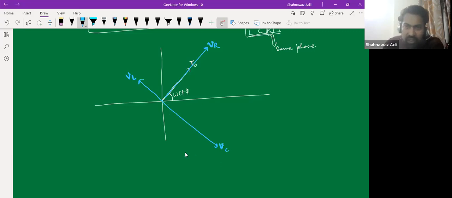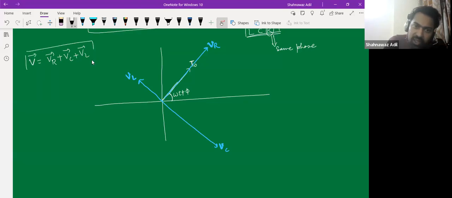And if we write the resultant of these vectors, the resultant V, that would be how much? That would be the resultant of VR, VL and VC.